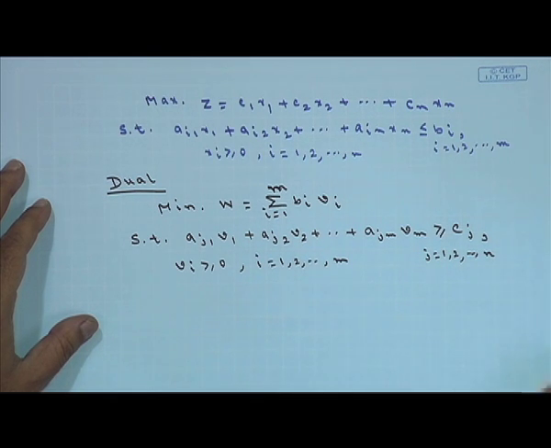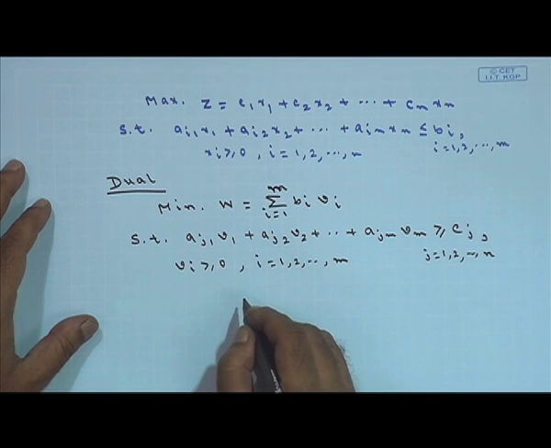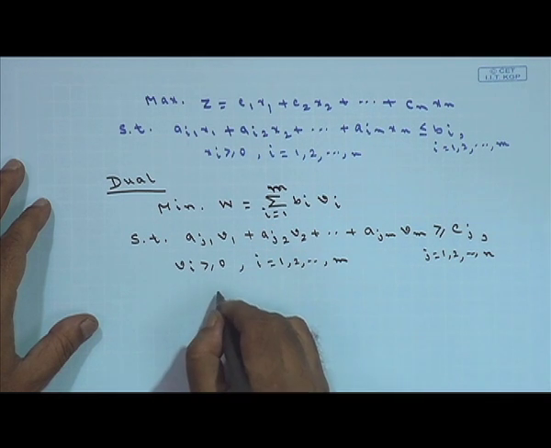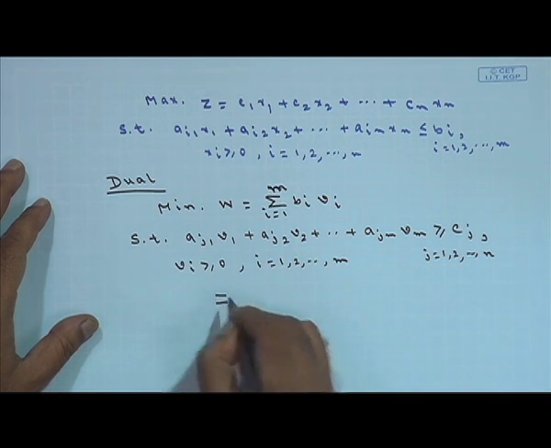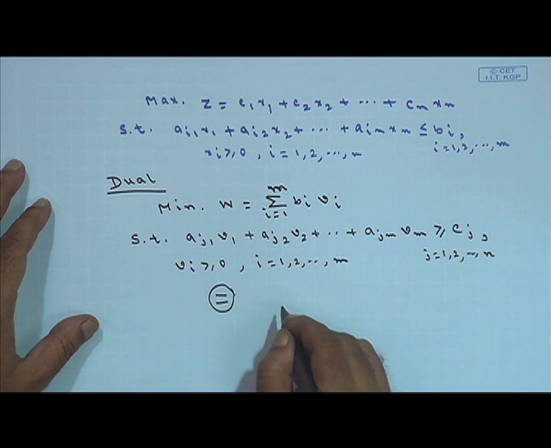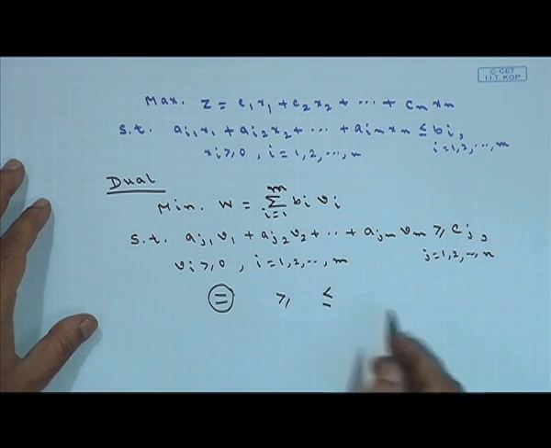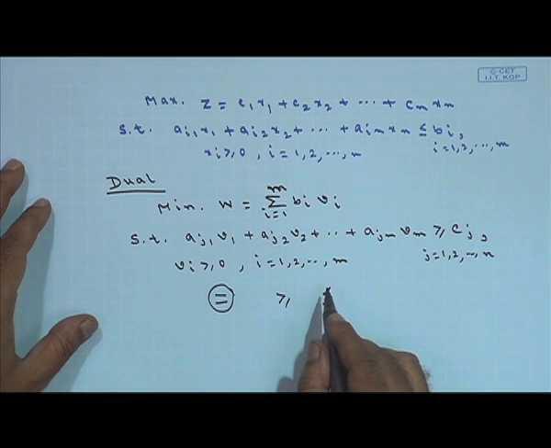If the constraints are inequality type, you can always convert greater than equals into less than equals as usual. Or if you have an equality type, you can convert it into two inequalities, one greater than equals and another less than equals, which we have discussed.